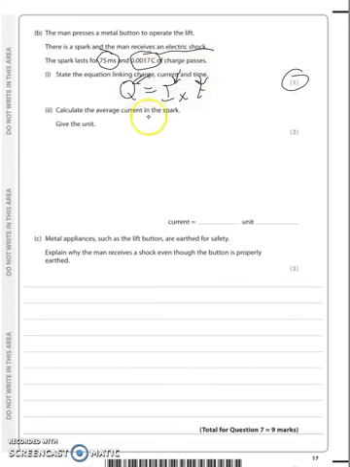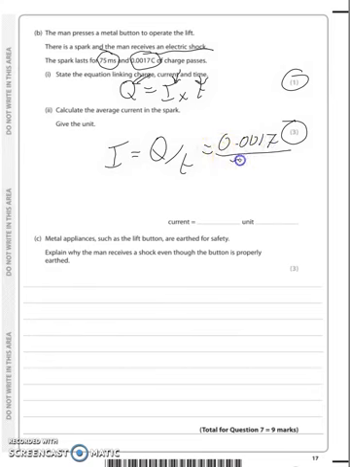Calculate the average spark current. So we've got to rearrange it. And that's why it's given us 3 marks this time, because we have to rearrange that equation. And then we've got 0.0017 divided by, now here I think the mistake people are going to make is this is milliseconds. So to get this into seconds, I've got to put that 10 times 10 to the minus 3.